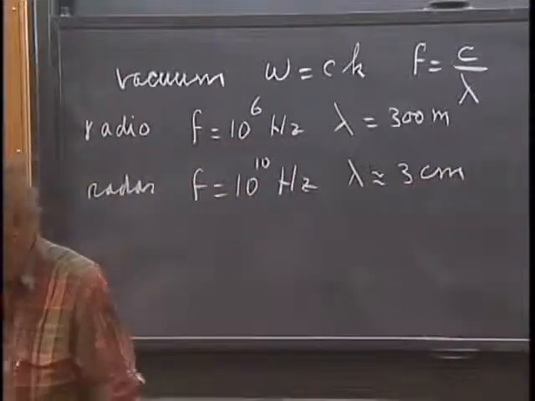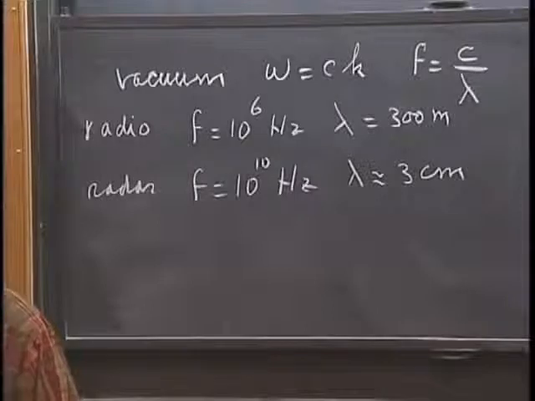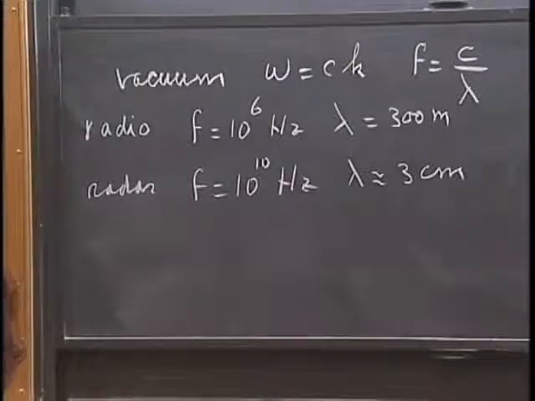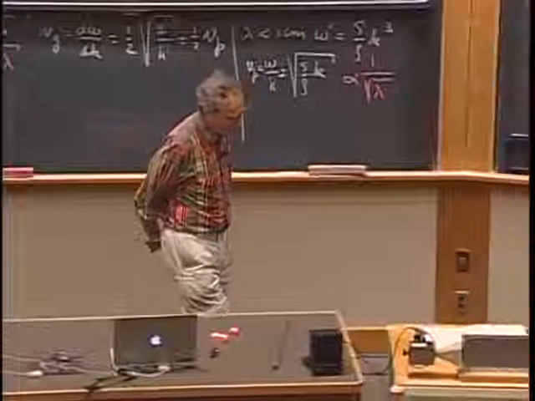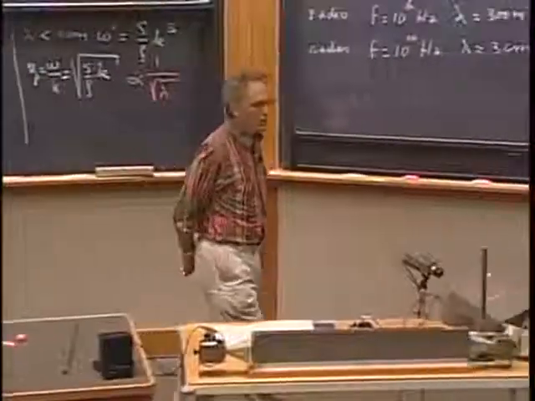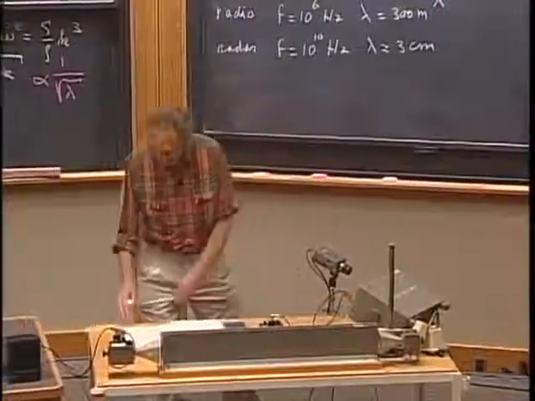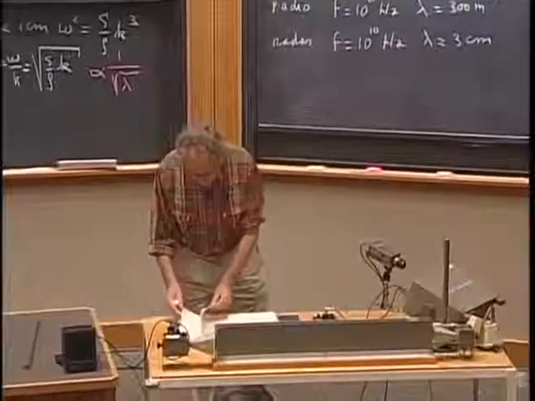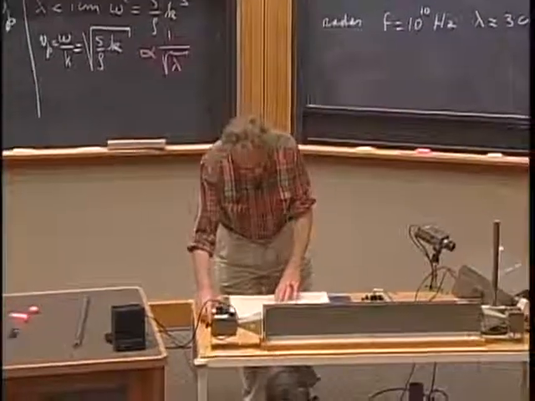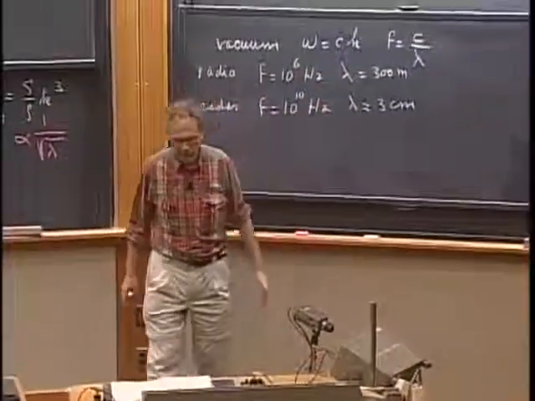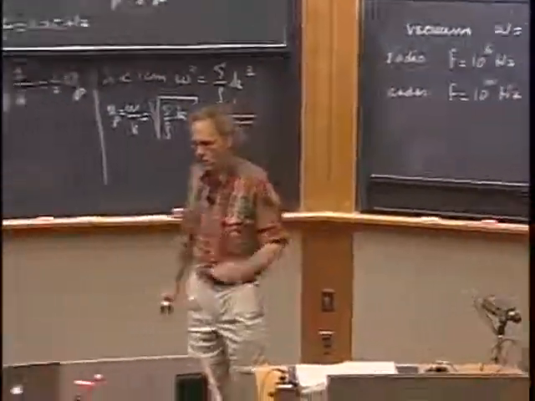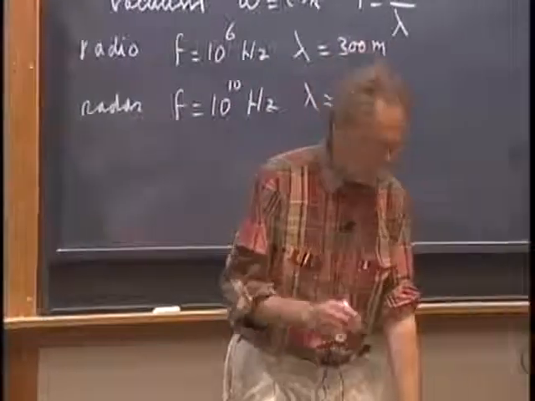And if you go to infrared radiation, you have a wavelength of tens of microns, and if you go to visible light, you get frequencies up to 5 times 10 to the 14 hertz, and you get wavelengths of about half a micron, and when you go to ultraviolet and X-rays and gamma rays, the frequencies go higher and higher, and the wavelengths get shorter and shorter. Non-dispersive in vacuum. They all travel with exactly the same speed.